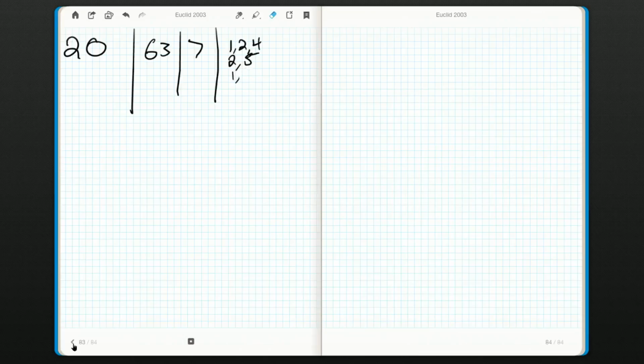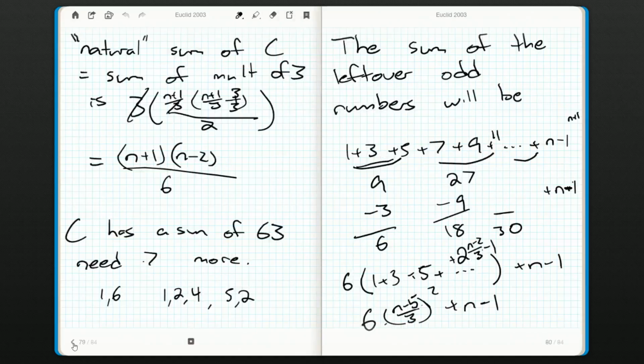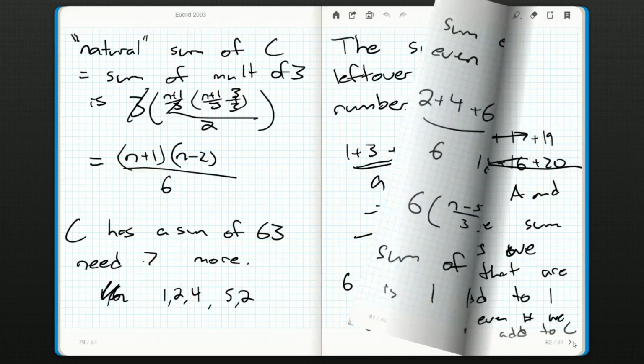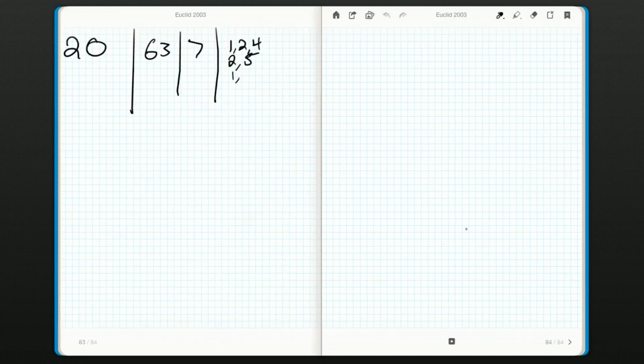I thought I had another one listed as a possibility. Nope, 1 and 6, I was mistaken. That one wouldn't work at all. So none of these possibilities work. The only thing we can do is take out 1, 2, and 4, or 5 and 2, and these don't work.